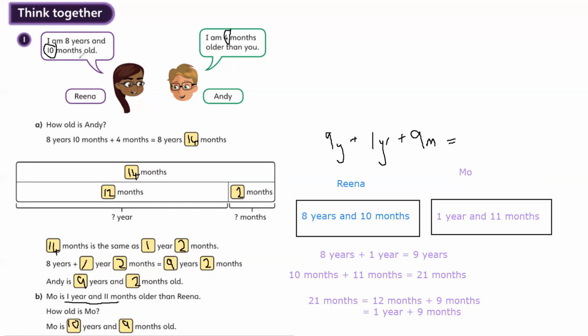So it'll be 10 years and 9 months. So it's quite interesting to look at the amount and see if there's a different way of doing your calculation, but this is the best way of doing it to be sure. So add the years up first and then add the months up, and that's the way to get the answer.